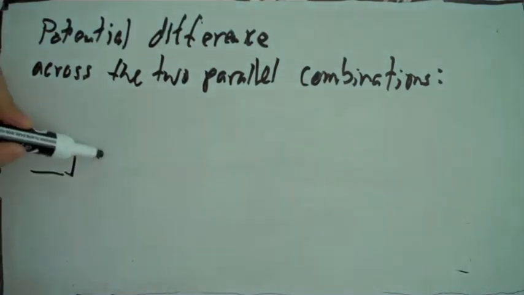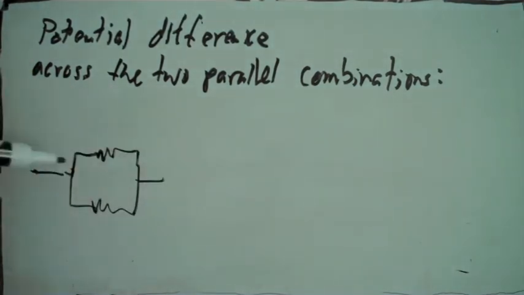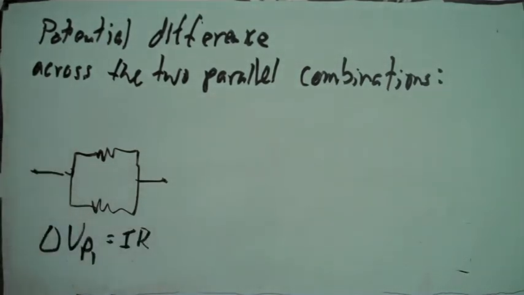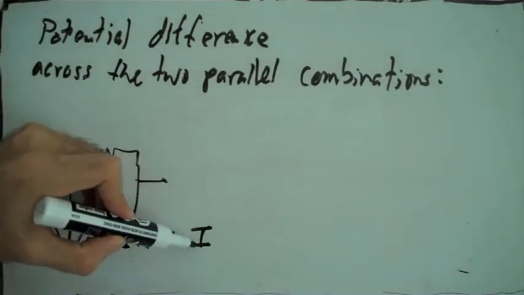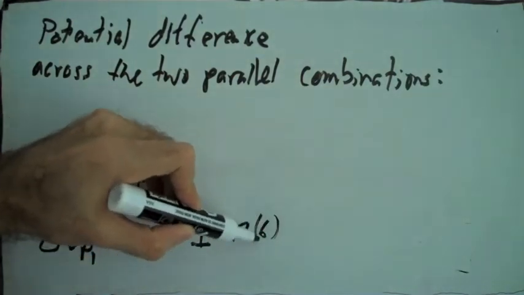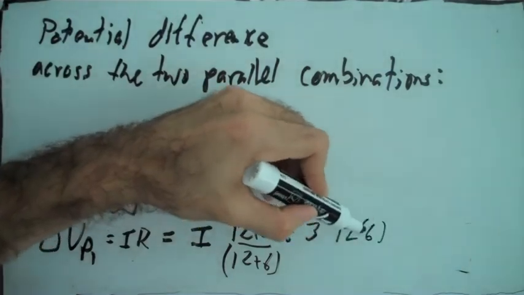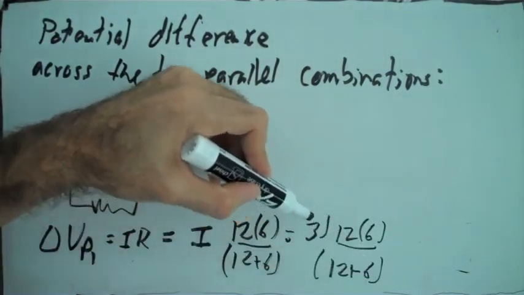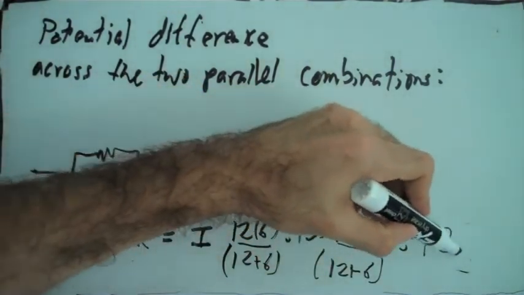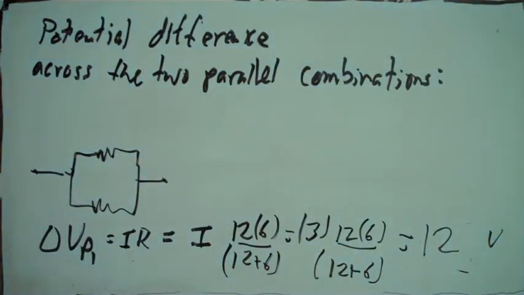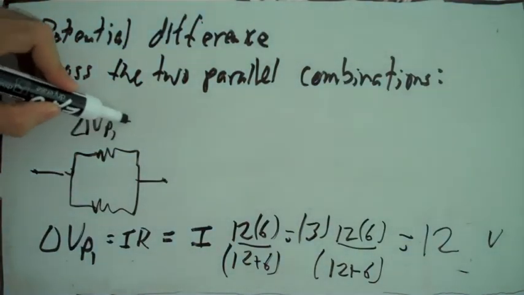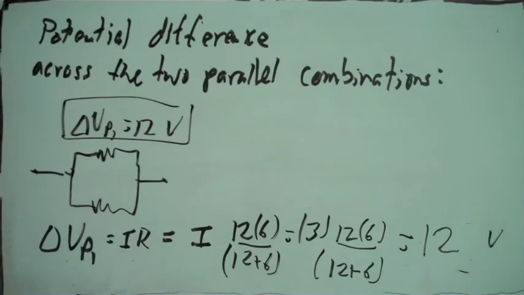For the first parallel combination, the potential difference across those two ends equals IR, where I is the current going through that equivalent resistance times the equivalent resistance of that thing. And the current was 3 amps, and the equivalent resistance of this thing we already found, so that gives you 12 volts. So we know that the potential difference across this parallel combination of resistors is 12 volts.